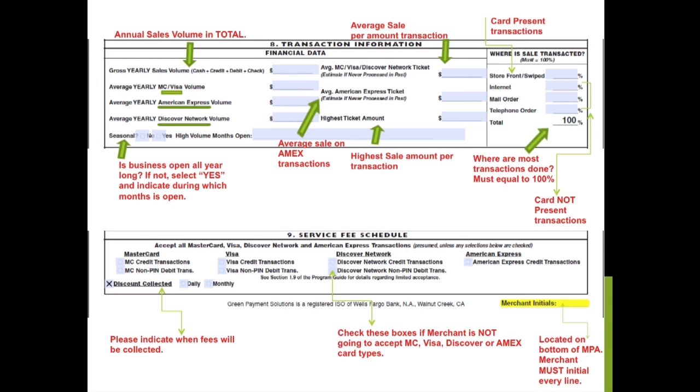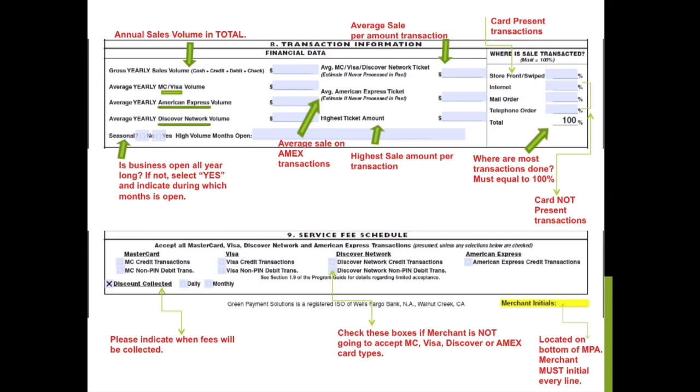So for instance, if the merchant selects MC credit transactions, that means to First Data that the merchant is not going to accept MasterCard credit card transactions. Hence, it is important that these fields are left unchecked.